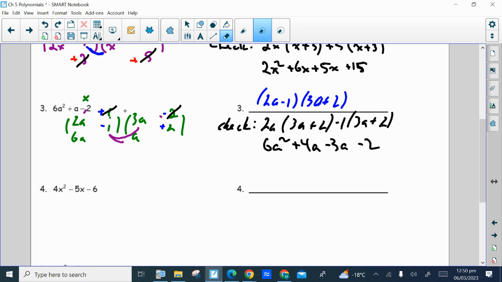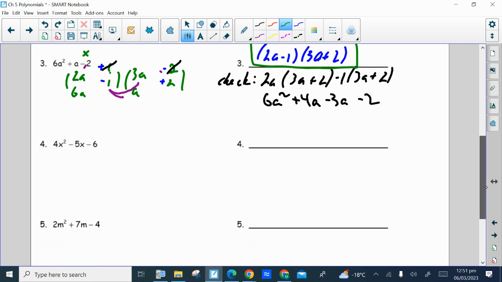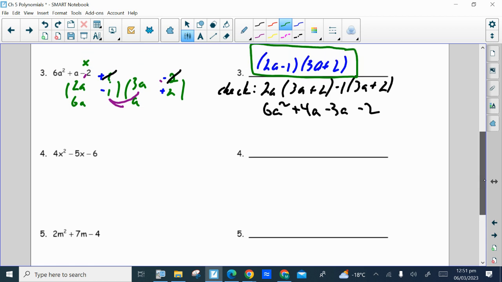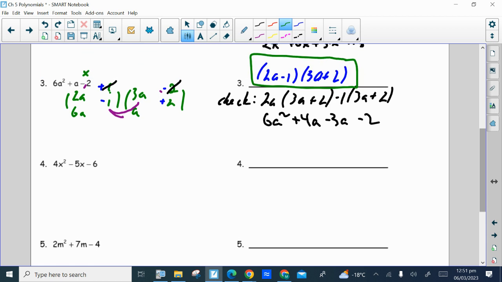It checks. So we've just shown that our factors are correct. They actually do multiply out to get what we started with. Okay?